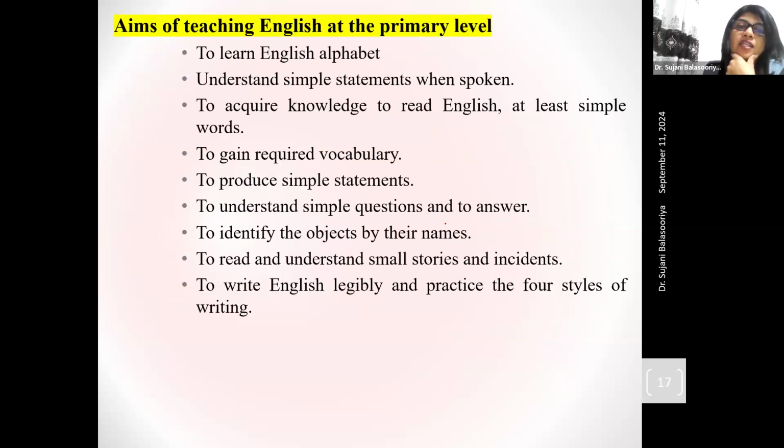If the child does not learn English at the primary level, then even when that child goes up to the post-primary or secondary levels, he might not have the enough knowledge about the alphabet. Okay. If a grade 10 student still does not know the English alphabet, where is the problem?